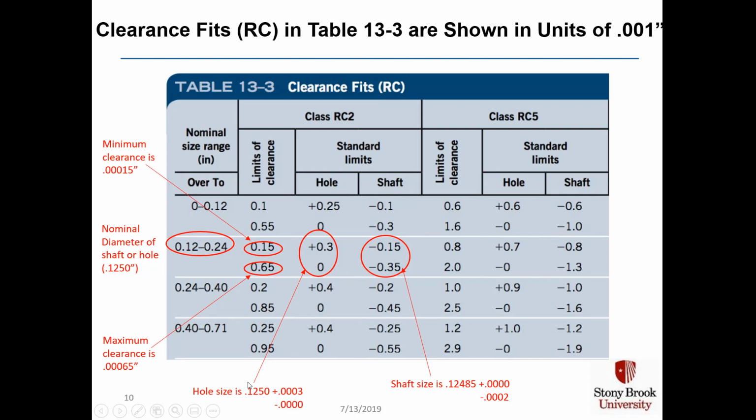So you take 0.1250, you subtract 0.00015, and that gets the nominal shaft size, 0.12485. Can't be any bigger than that. And the difference between minus 0.35 and minus 0.15 is minus 0.2, multiplied by 0.001, such that the negative tolerance on the shaft is then minus 0.0002 inches.